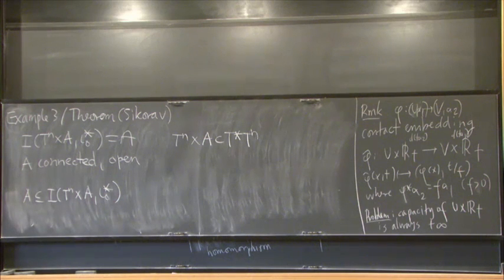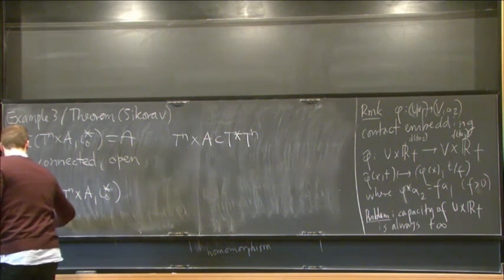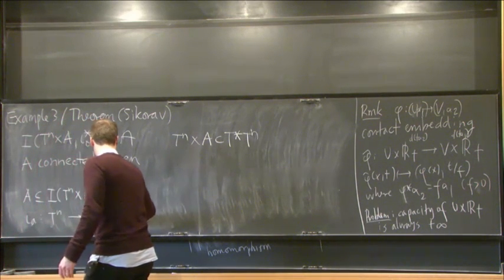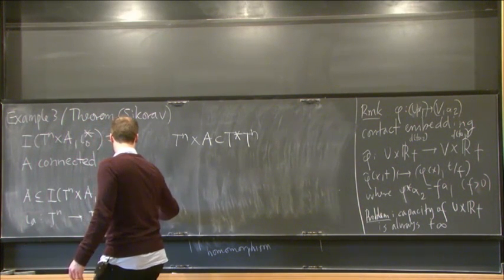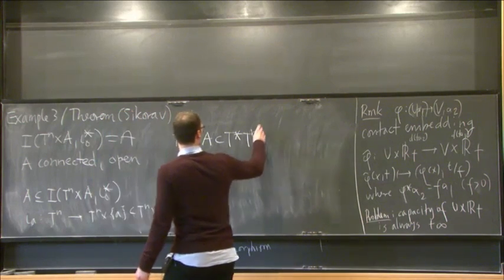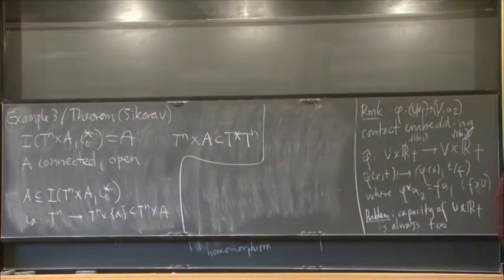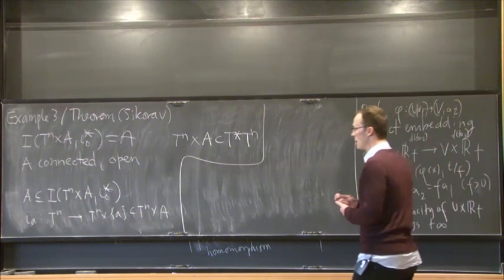Well, I guess this part is pretty obvious because you just embed the torus as Tn times A. So you just look at, and the converse of that is actually just Gromov's theorem on intersection of exact embeddings with a zero section.